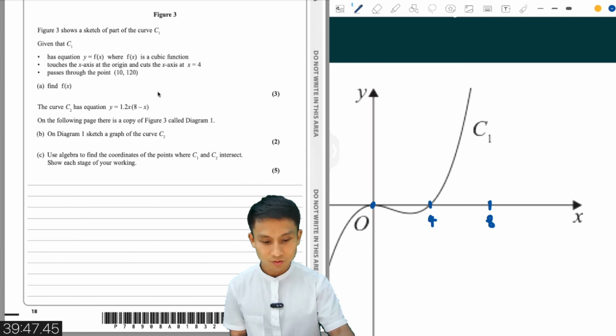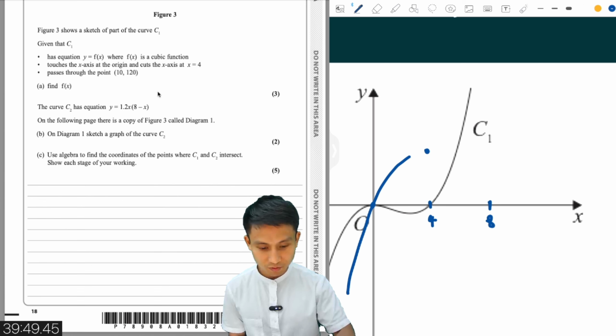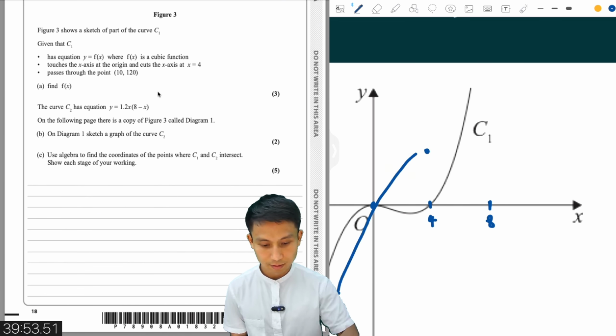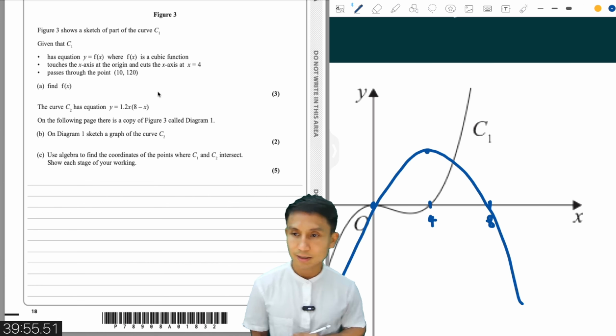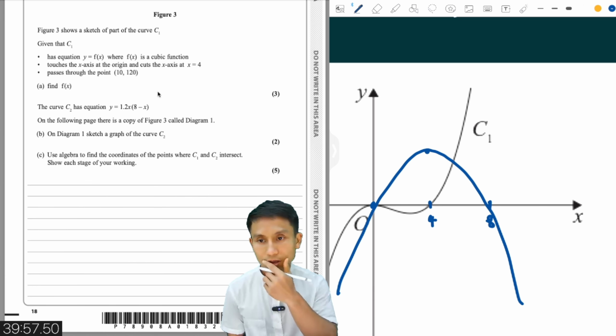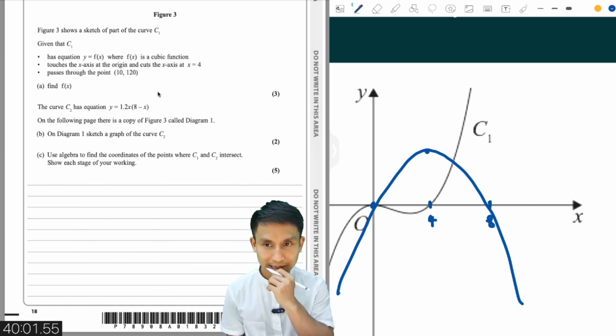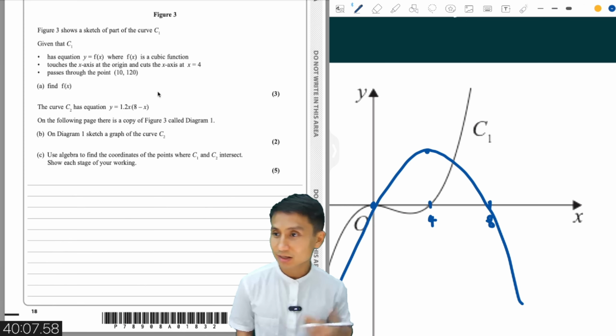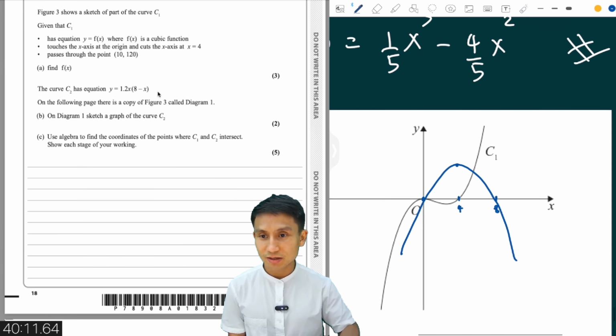Maybe the turning point is at 4, just like that. Am I happy with that? Yeah, that should be fine. It doesn't say if I should give all the coordinates of everything.